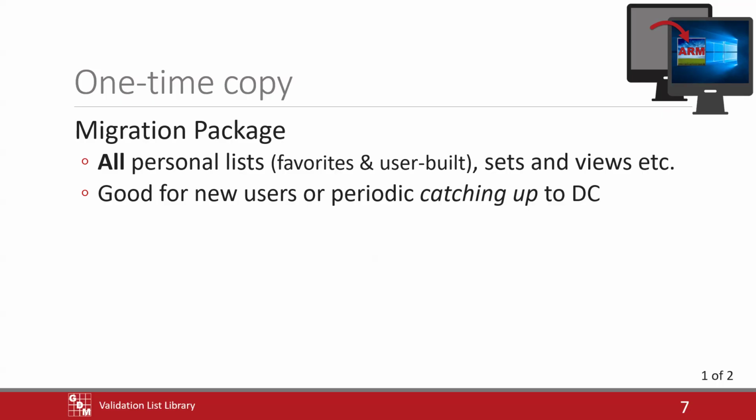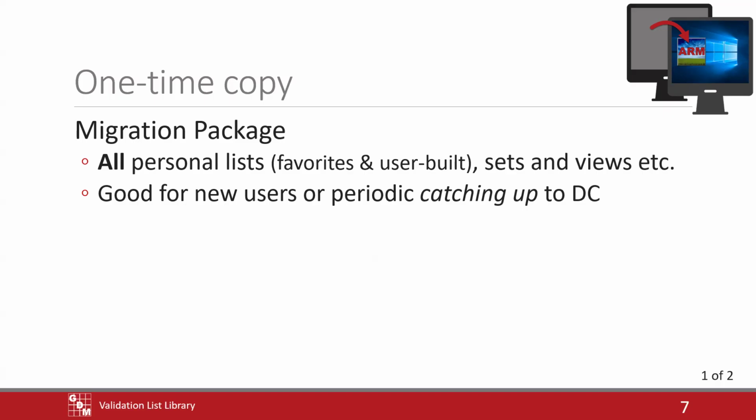I'm going to just make a migration package because number one, it's great for me to back up my list in case something happens to my computer in the middle of next season when things are wild and crazy. So that's a good handy thing to get in the habit of anyway. And then, hey, why don't I share that package with everyone else?